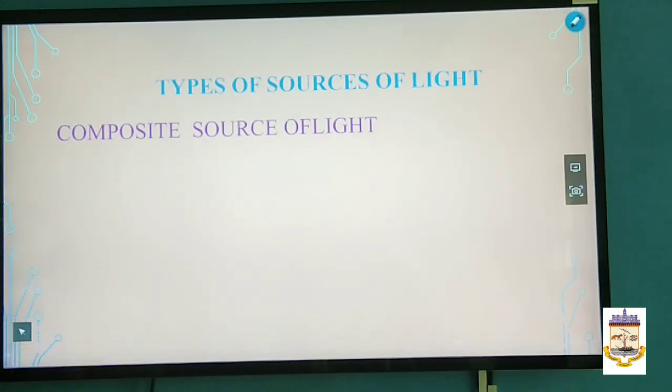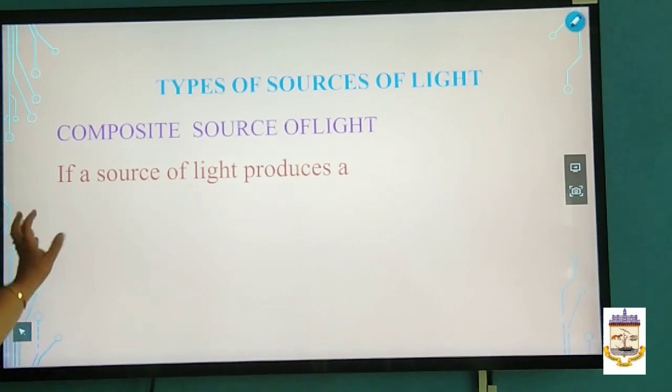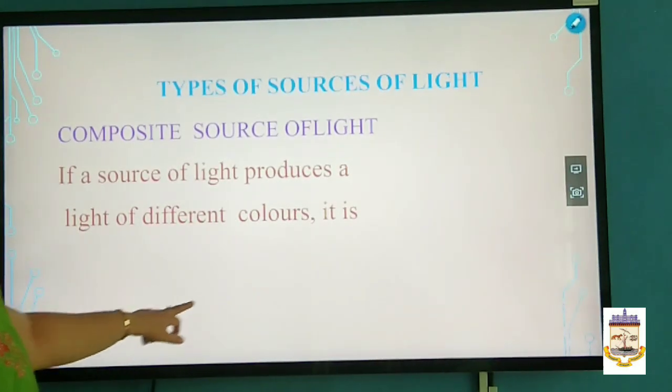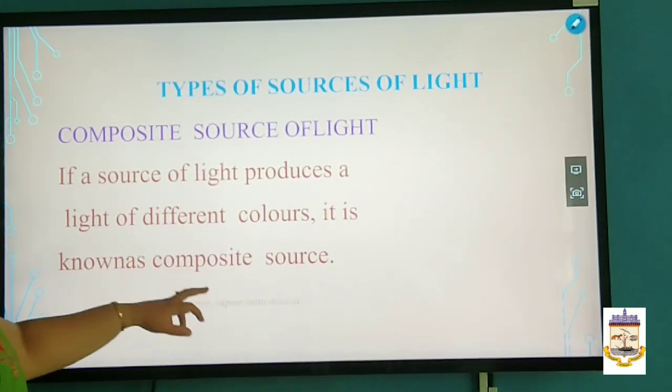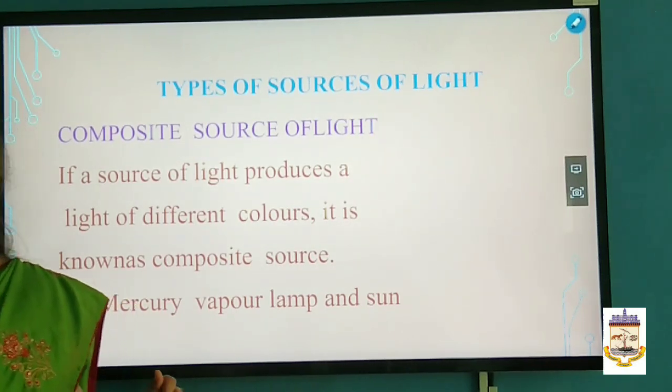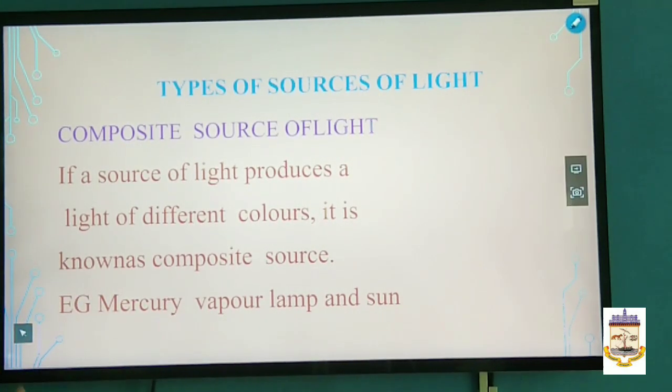The next one is the polychromatic or composite source of light. Poly means many. If a source produces different colors, then it is known as a composite or polychromatic source of light. The best example is the sun, because it has many colors.